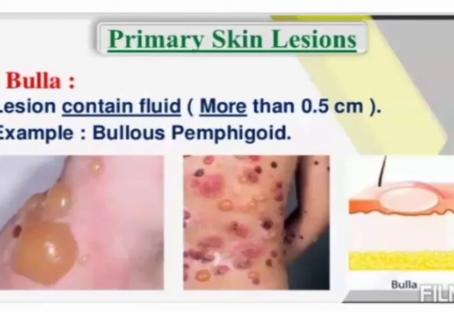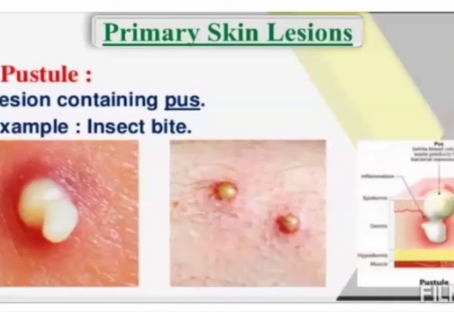In burns usually we can see bulla, a fluid-filled cavity more than 0.5 centimeter. Next one, pustule. As the name indicates, a pustule is a pus-containing lesion. Here there will be pus in the lesions. An example is insect bite. Another example is acne, where there is a chance for pustules.